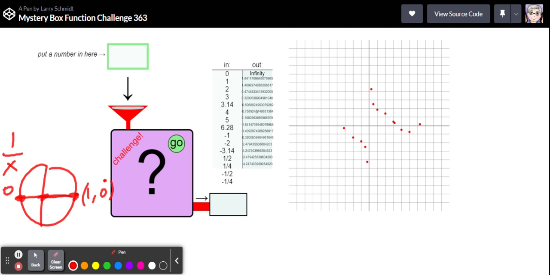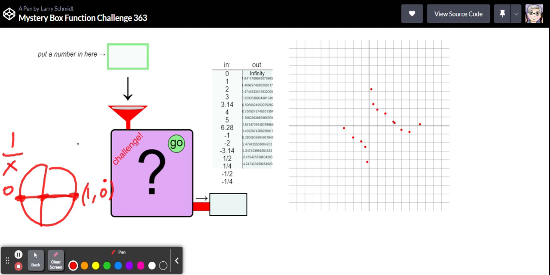And when we do pi here, we're getting about a half. So that's not exactly right, or -1/2. It's not close enough to 0 to make me think that there's anything exact going on here.